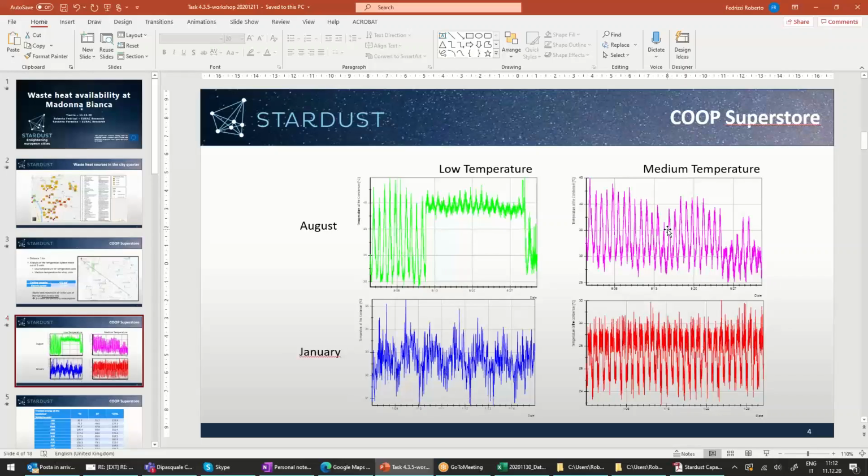So again, you can expect to have available between 28 to 45 degrees for the waste heat which is rejected into air.